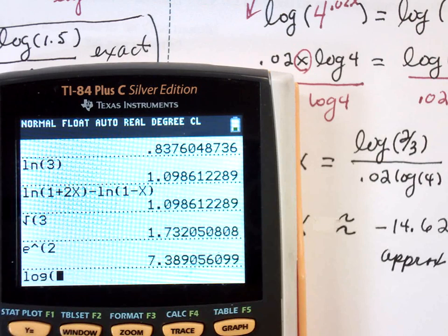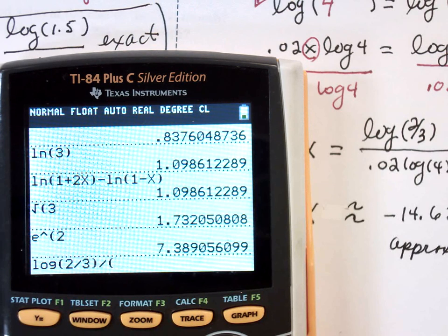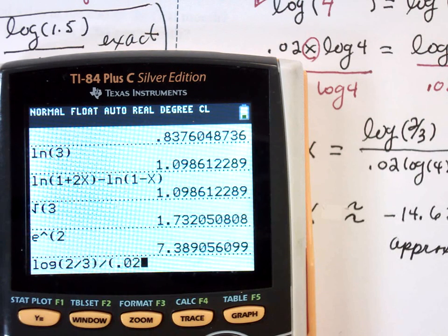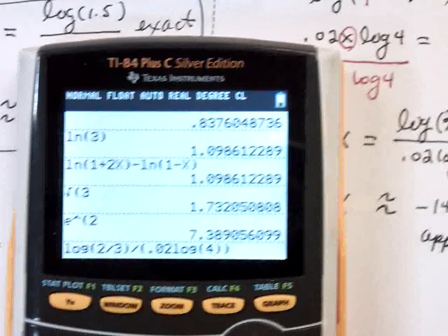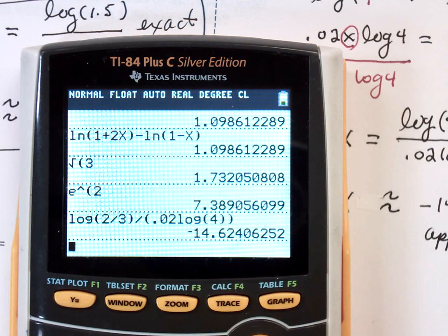Log of 2/3 divided by, now that denominator I need to put in parentheses, 0.02 log of 4. Which is interesting, because log of 4 is positive and log of 2/3 is negative, so negative divided by positive should be negative. Let's see. Oh, nope, I'm right.